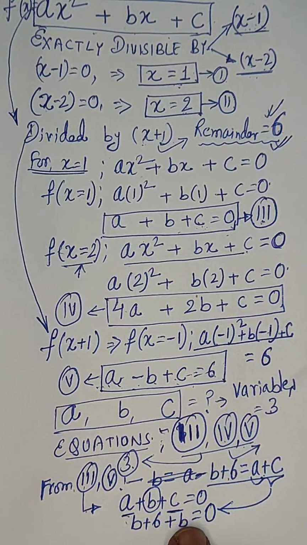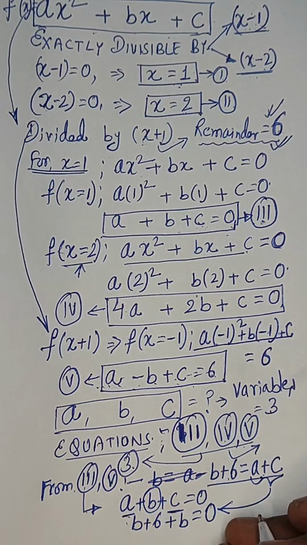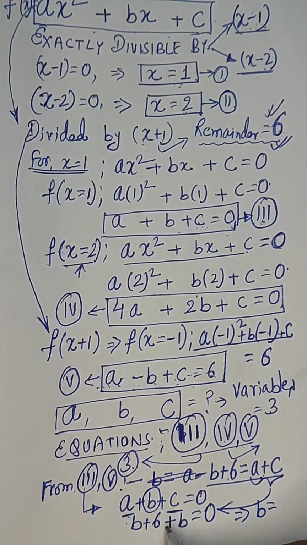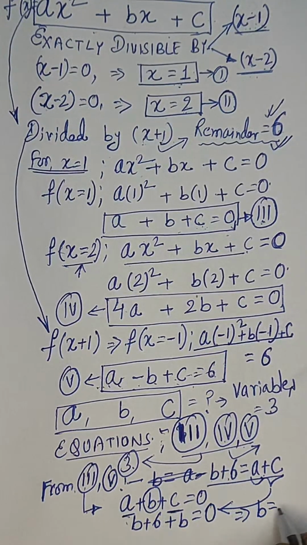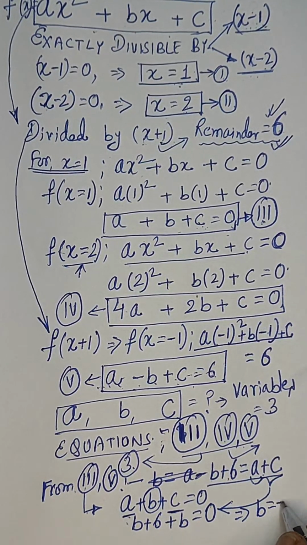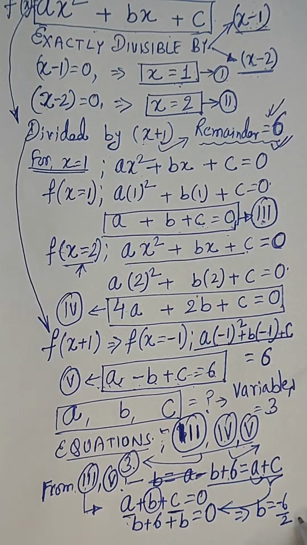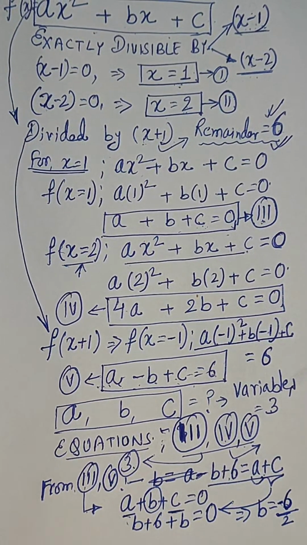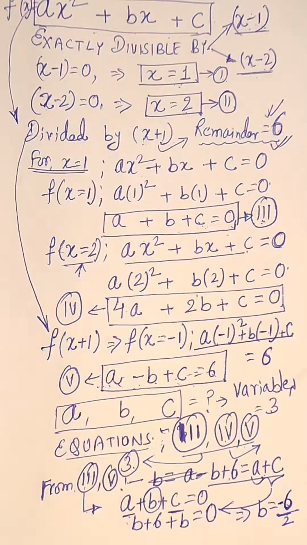So this will give you 2 times b plus 6 equal to 0, and this will give you the value of b as equal to minus 6 by 2. And that answer is minus 3, my dear friends.